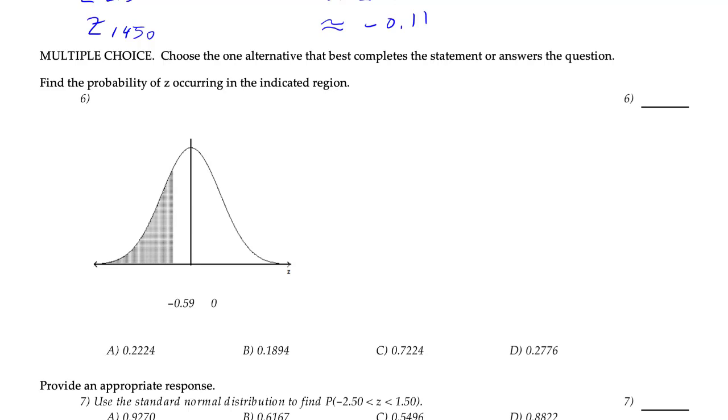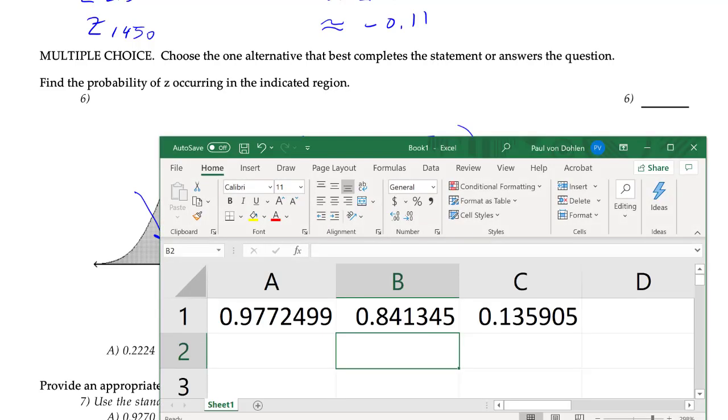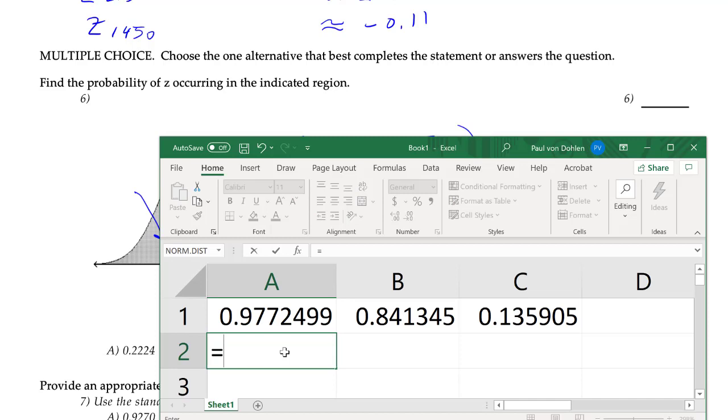Find the probability of z occurring in the indicated region. This is really no different than the ones we were doing before, because if we're saying the probability of z being less than negative 0.59, that corresponds to the area that's in here. So I would simply go back to Excel, and I'm going to do this one down here in case I need the one up there for another calculation.